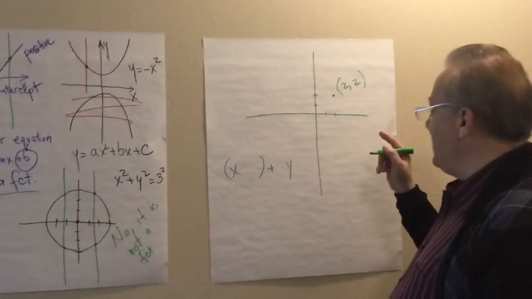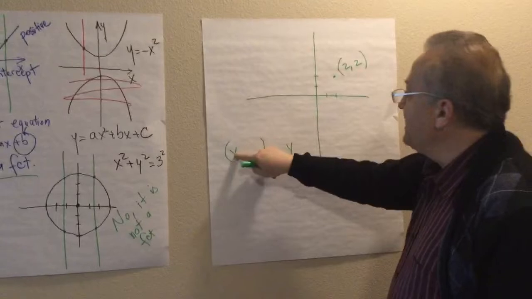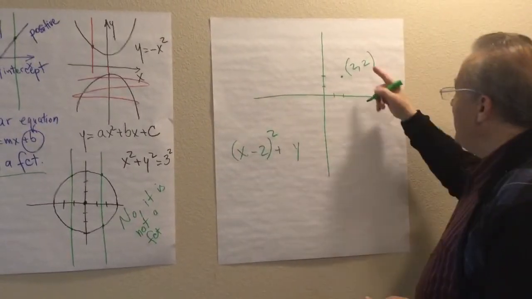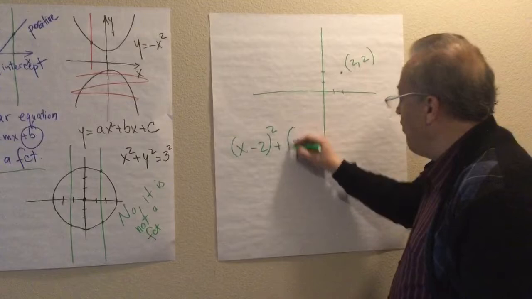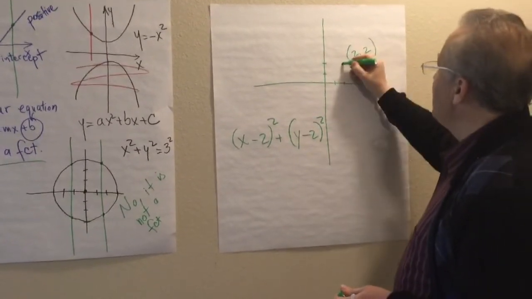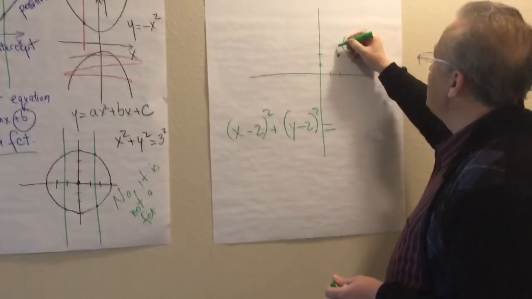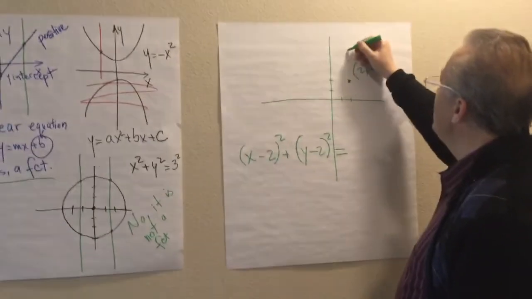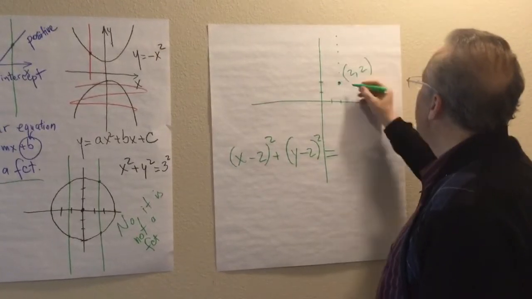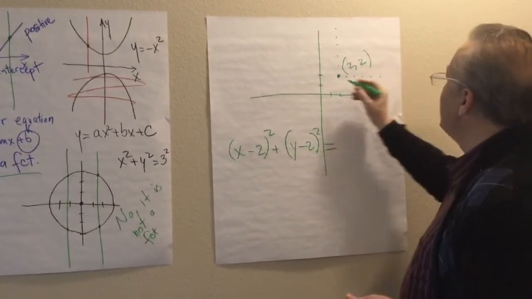But remember our last lesson, we said that I'm going to say x minus 2 to the second, y minus 2 to the second, and then I'm going to decide on my radius. Let's say my radius is 1, 2, 3, 4, 5.